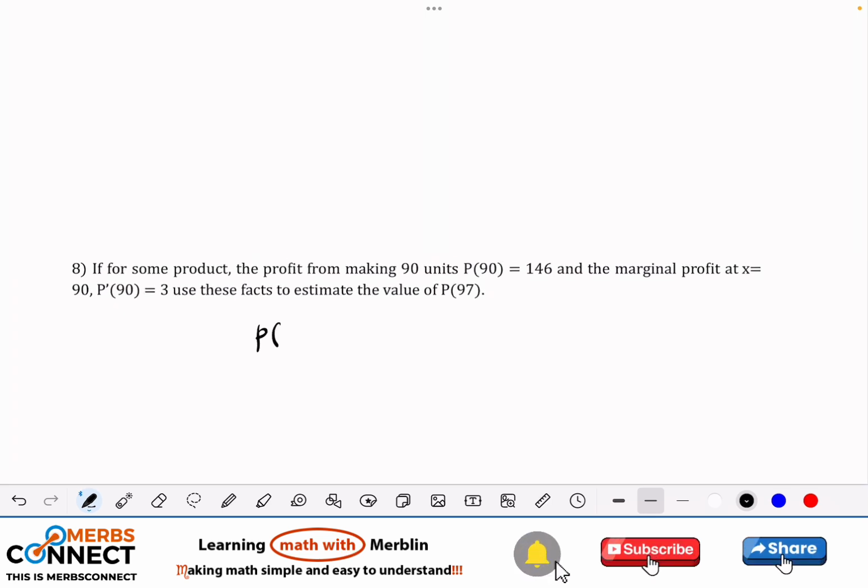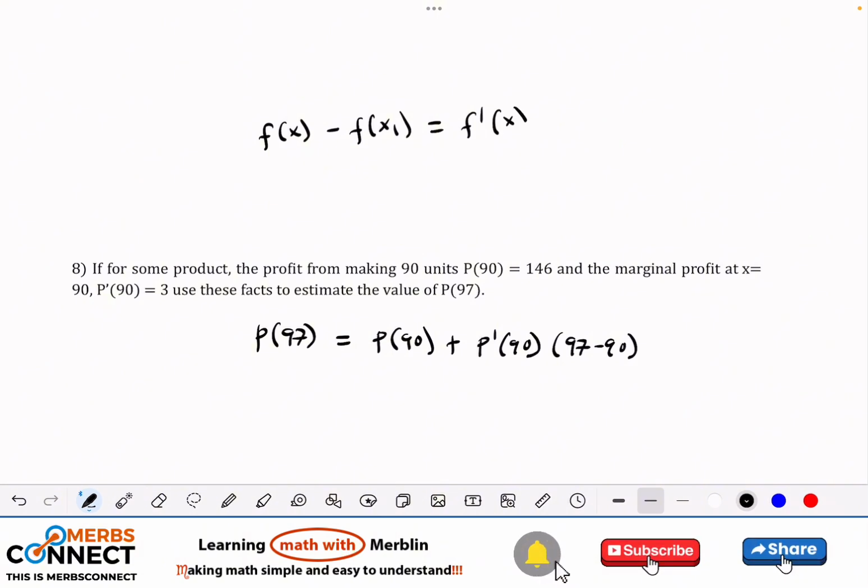This is P of 97 should be equal to P of 90 plus P prime of 90 times 97 minus 90. How did I do that? This one is like the equation of the line, right? So this is like f of x minus f of x1 is equal to the slope, and the slope is f prime of x1, times x minus x1.